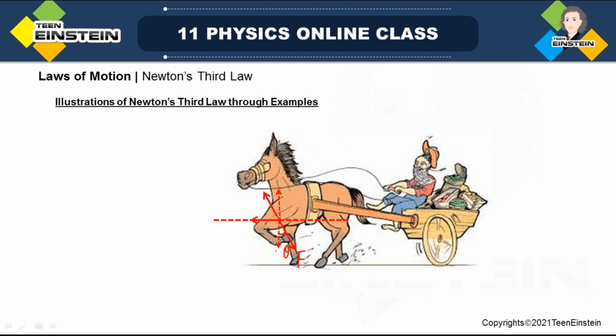It applies force obliquely to the ground. So what will the ground do automatically? It will send one reaction force which is exactly equal but opposite in direction.